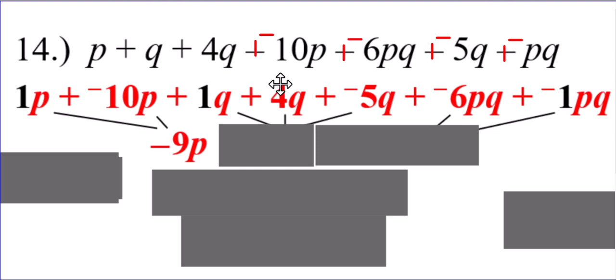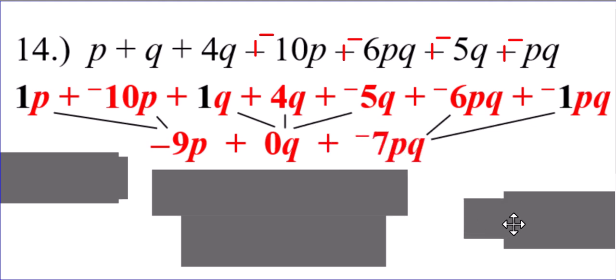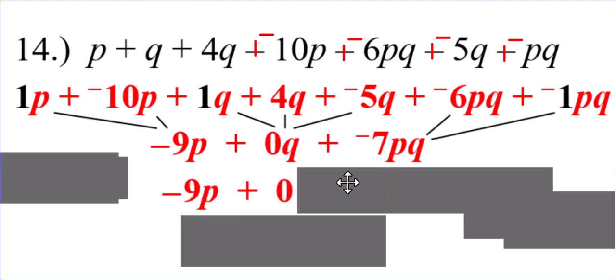All right, 1q and 4q is 5q, plus negative 5q is 0q. Negative 6pq and negative 1pq is negative 7pq. There is something you can simplify. 0q is the same as 0, and there's more.